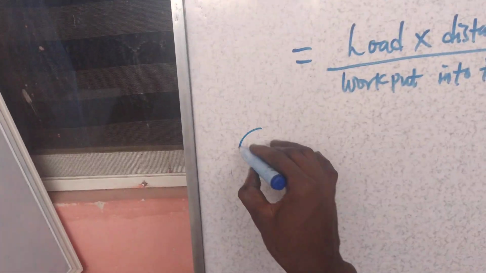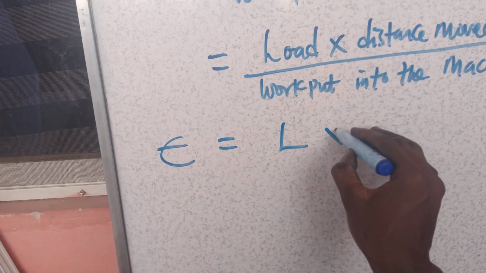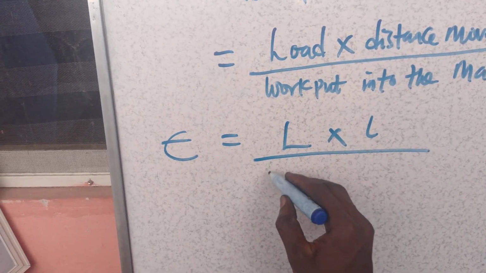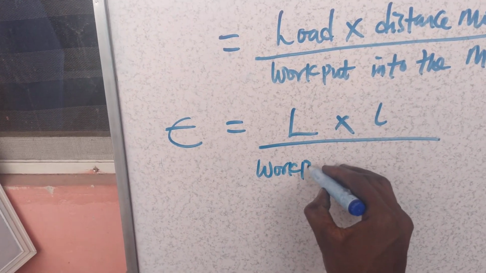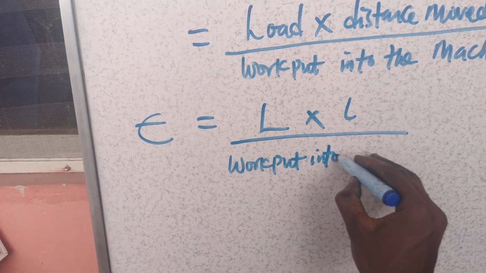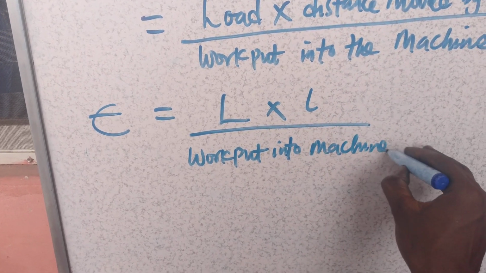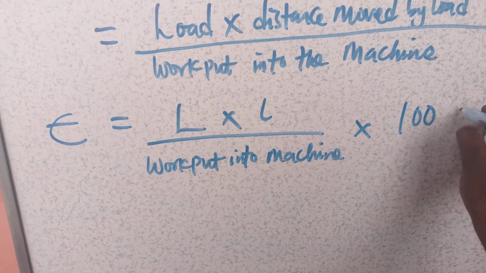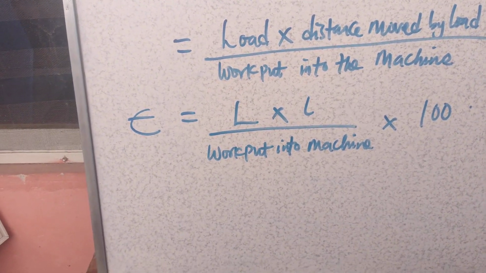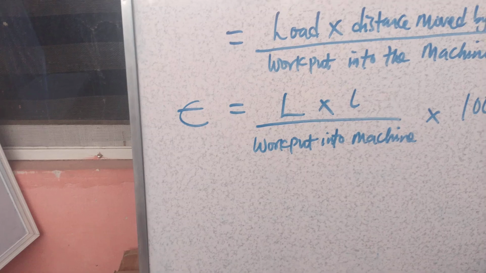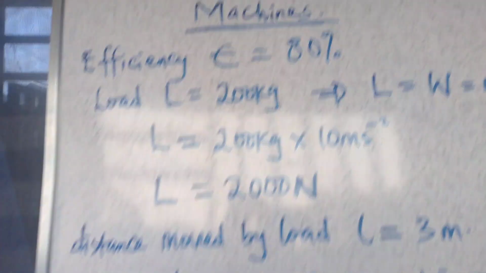So it implies that my efficiency will be equal to L times small l over work put into machine, times 100. Now I can put the value for efficiency. Efficiency was given to us as 80%.